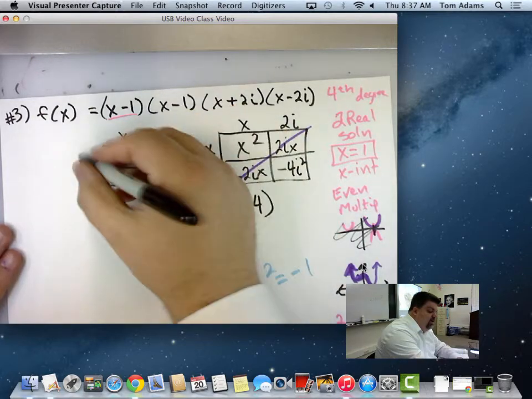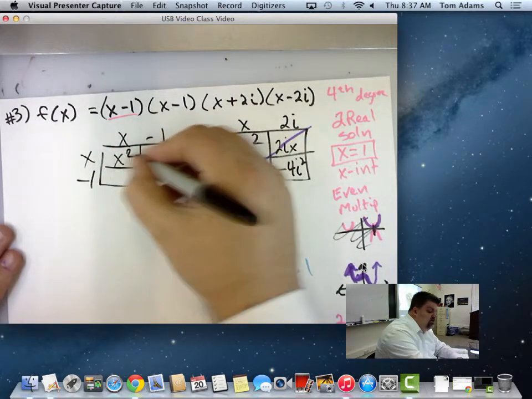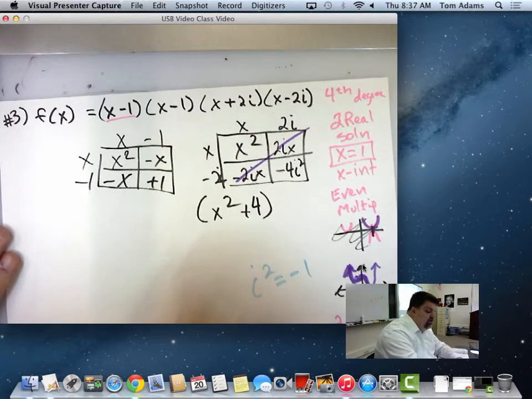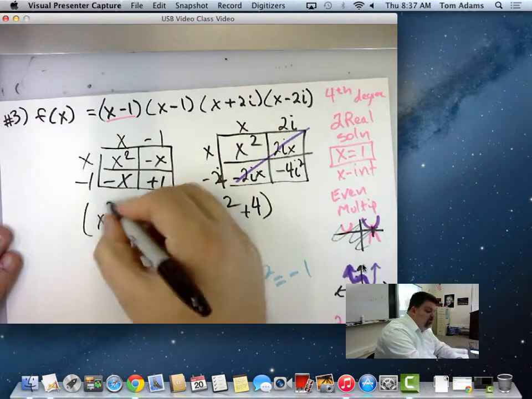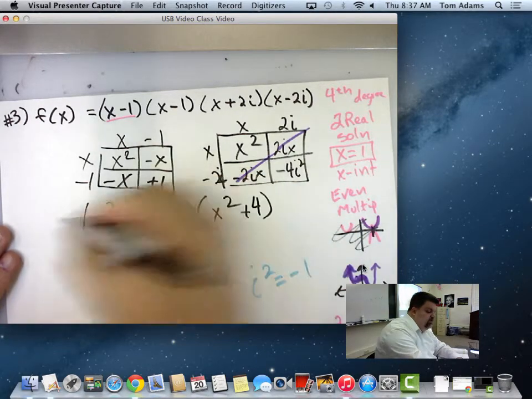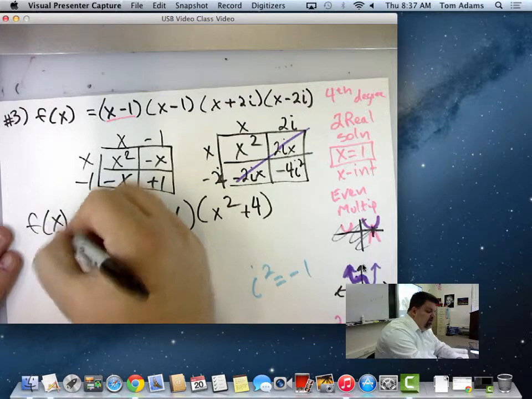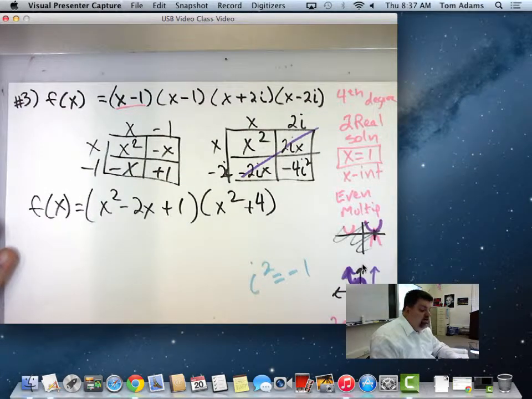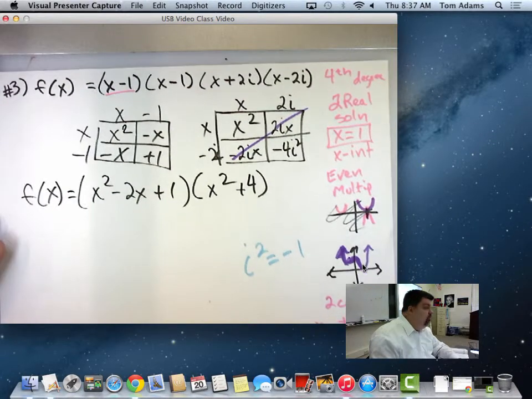Now I got to multiply these bad boys. x times x is x squared, minus x, minus x, plus 1. So that's going to equal x squared minus 2x plus 1. So right now, my polynomial is x squared minus 2x plus 1 times the quantity x squared plus 4. What do I do now?